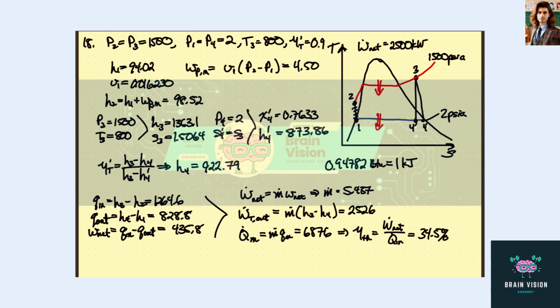I'm not sure, I didn't calculate what the entropy was here. I know it's going to be greater than this, but I'm not sure if it's in the phase region, whether it's inside the dome or outside. I didn't calculate that, and we didn't need it. You could do that, because now you have pressure and enthalpy.